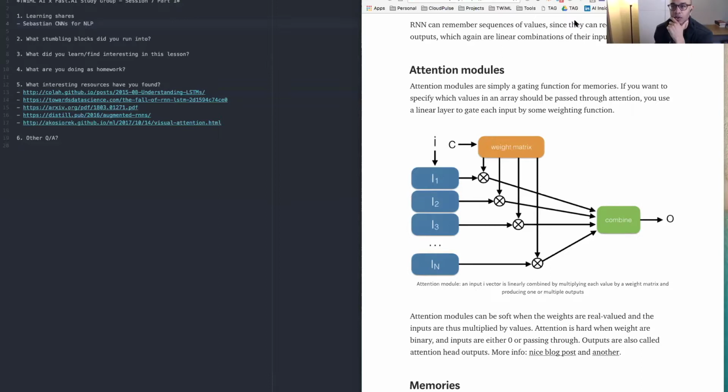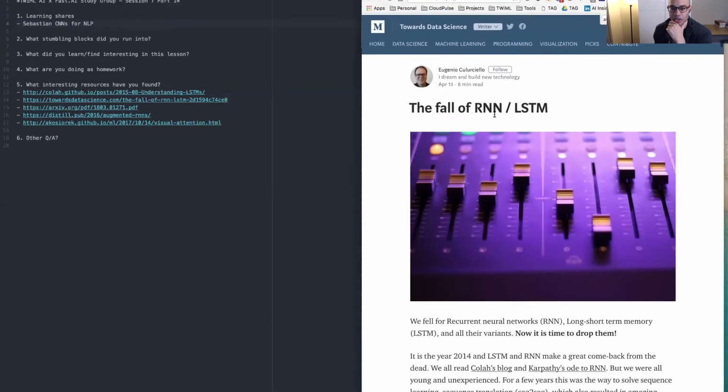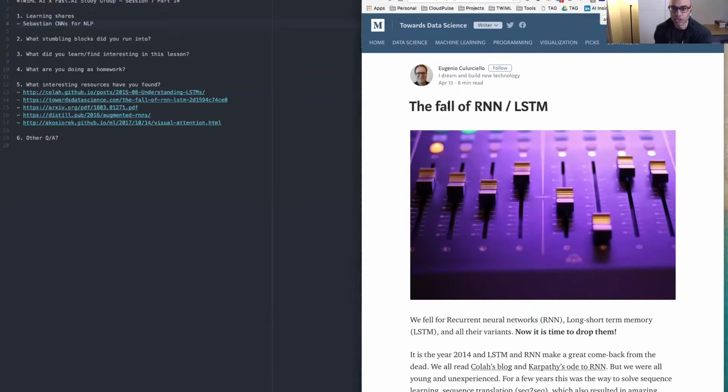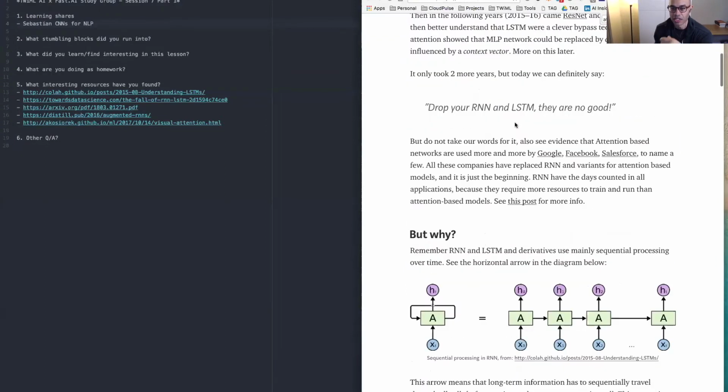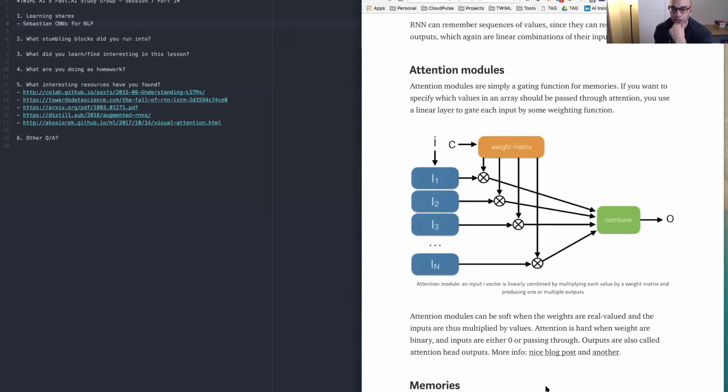All right, so this was from, I started here this fall, of RNN LSTM, and he linked to a previous post that he did on attention modules.